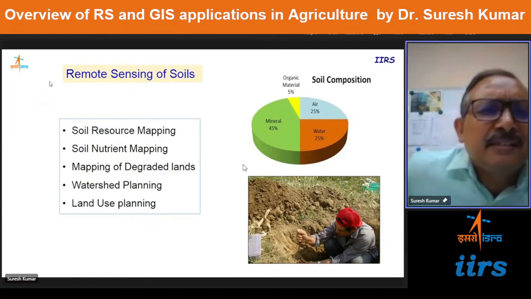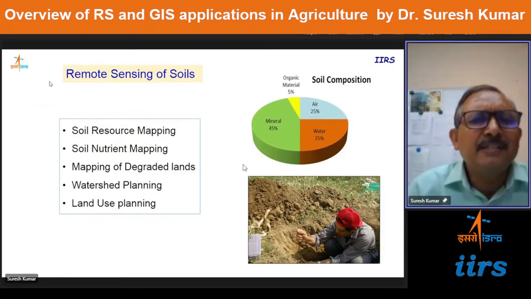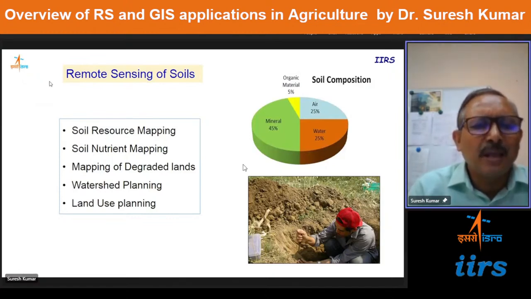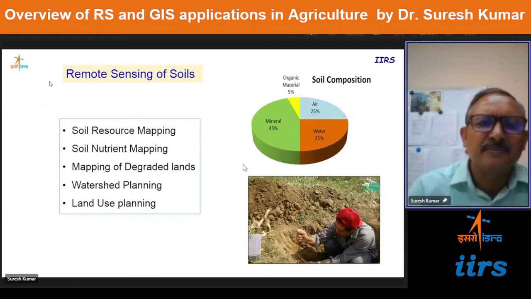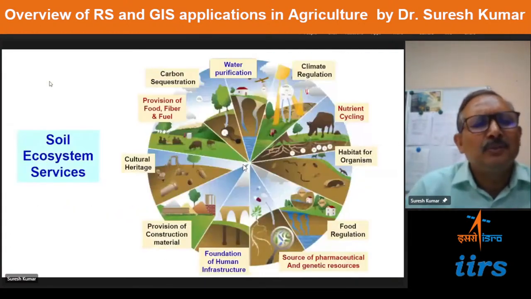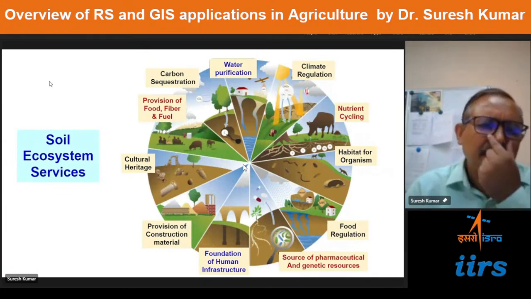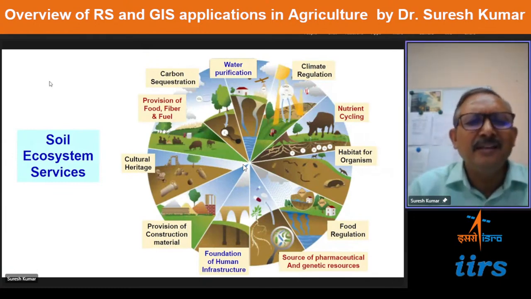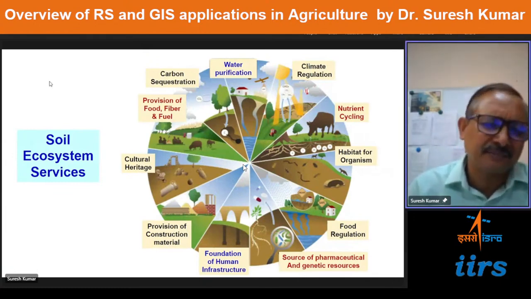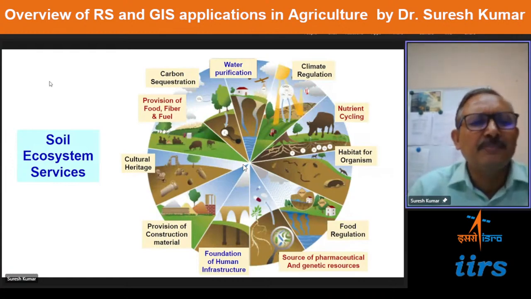As we know, remote sensing data are very much used for the mapping of soils, mapping of degraded lands, watershed planning, and land use planning. Soil is a very important resource and it provides us various ecosystem services.